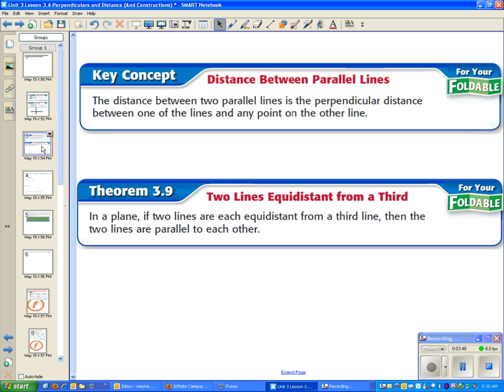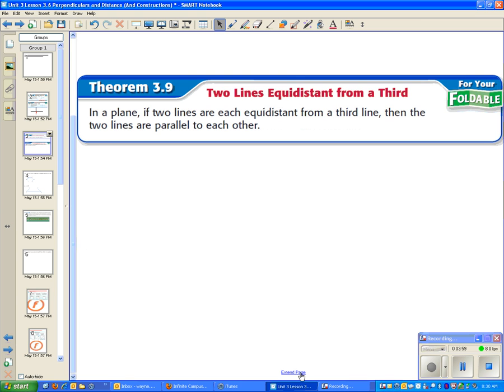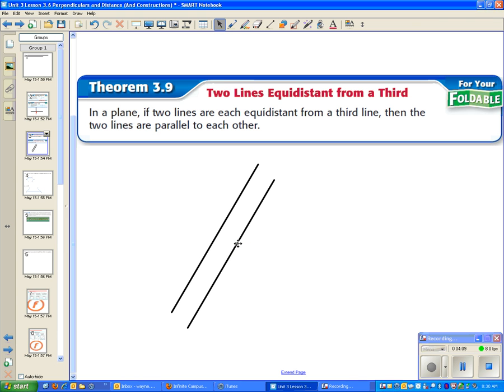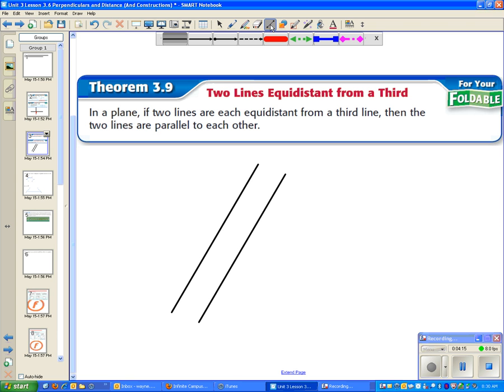Now, the distance between two parallel lines is the perpendicular distance between one of the lines and any point on the other line. All right, so this is why in this section we're talking about distance. So if I've got two parallel lines, and I want to measure the distance between them. See, we're faced with the same issue.